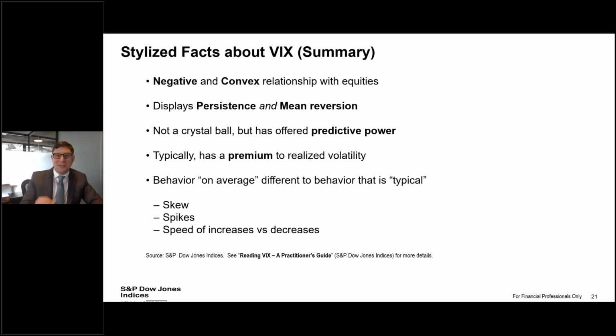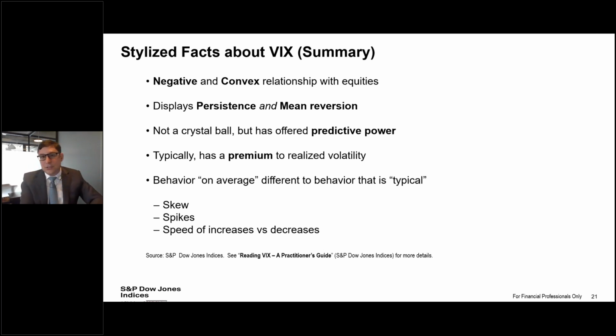We're not talking normal distributions here. It goes up much faster than it goes down. There's a big skew in the distribution of returns, and thus, when analyzing volatility in VIX, it's not always a great idea to just take averages and assume they're representative. The behavior that is typical is very different to behavior on average.